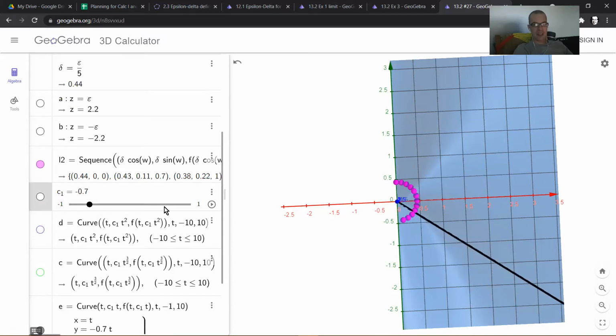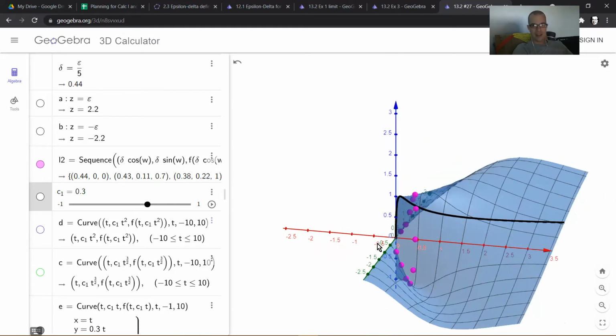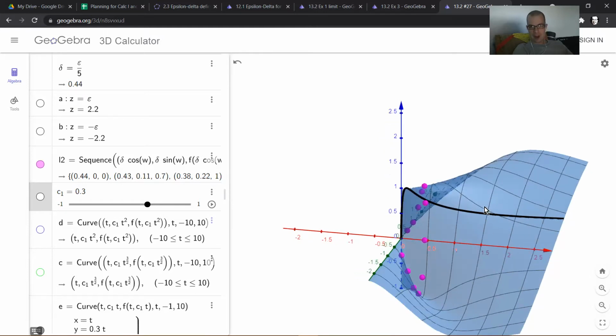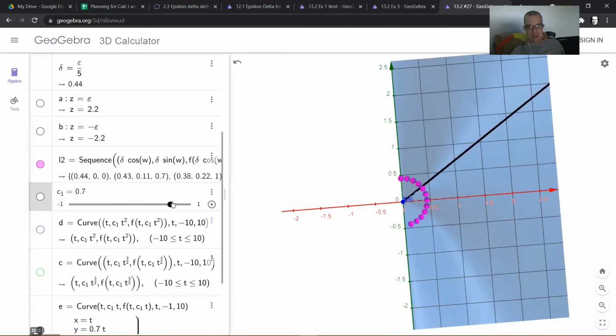And I'm pretty sure that we come to a similar conclusion as to what the parabola does. Again, because the numerator and denominator of that rational function would be mismatched. Yeah, it's even a little bit weirder than the parabola if we look at the z values, but eventually it always does approach 0 in the end, no matter what slope you give to the line in the xy plane.